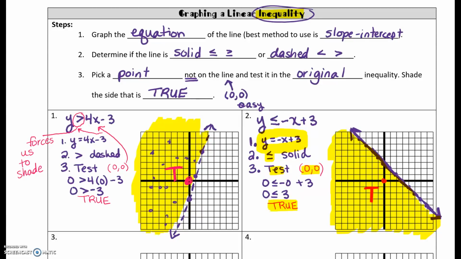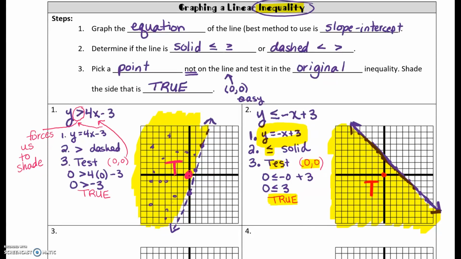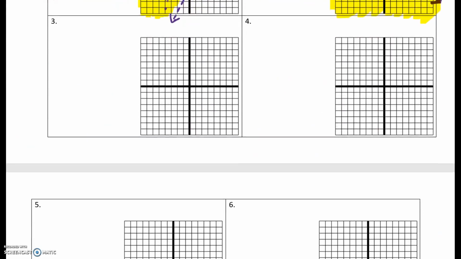Number 1 and number 2 both have in common slope-intercept form. Now let's move to number 3 and number 4. Number 3 is not going to be in slope-intercept form. It is x minus 2y greater than 0. So the first thing we need to do is put this in slope-intercept form.